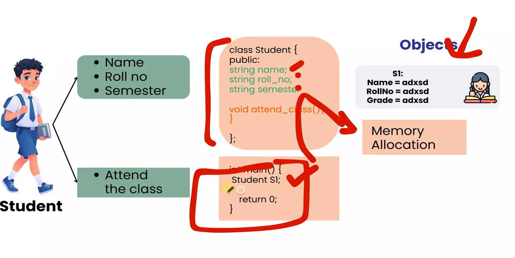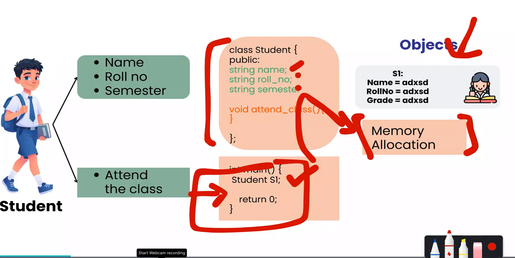But you can also see over here that we are not initializing all the data members. Because these data members are not initialized, they will get any dummy data because memory is there. Memory is reserved for these data members, but we haven't provided any data to that. So any dummy data can be provided to these data members.